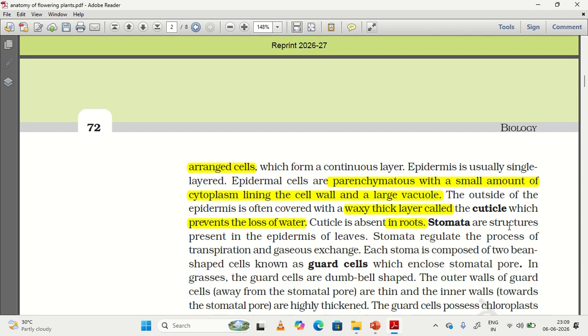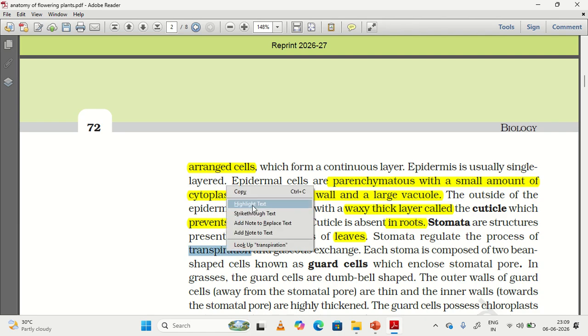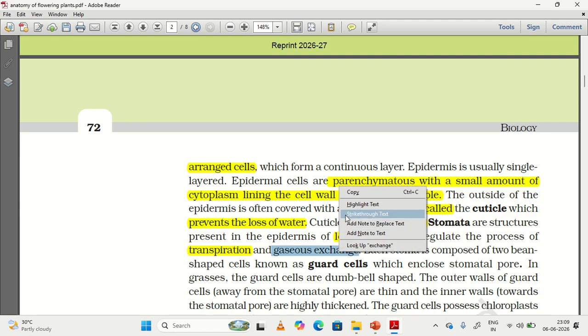The next structure is stomata. These are present in the epidermis of leaves. The function of the stomata is gaseous exchange. Stomata regulate the process of transpiration and also gaseous exchange.